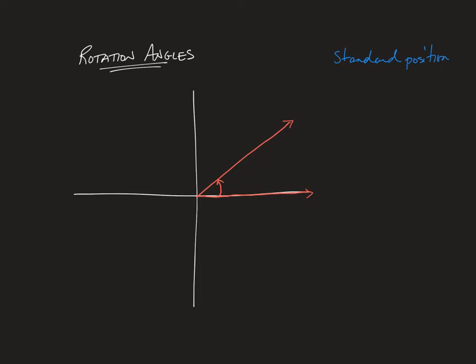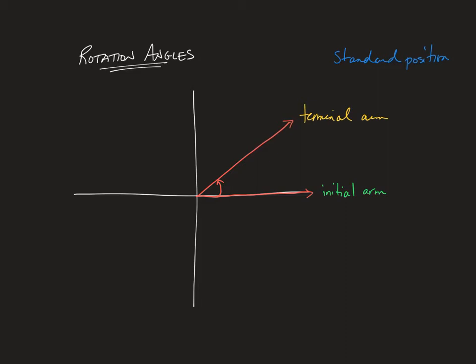Those two arms have some different names. The arm that starts in the starting position, which in standard position would be on the positive x-axis, is referred to as the initial arm. The arm that rotates is referred to as the terminal arm. The reason it's called the terminal arm is that to create an angle, that arm's movement must end, or terminate. It will end in a certain position, hence the terminal arm.